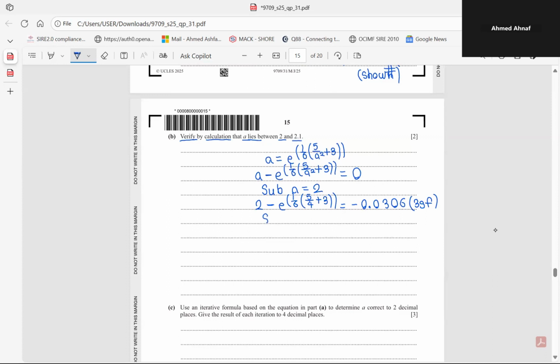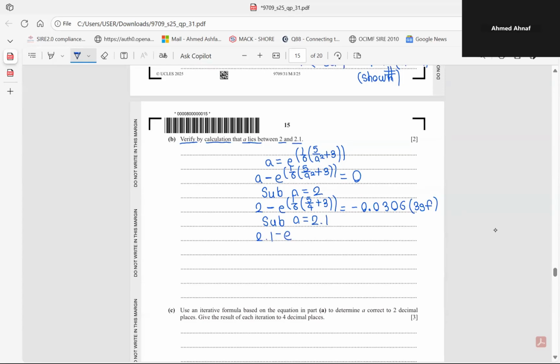Okay, and then substitute a equals 2.1. So we get 2.1 minus e to the power of 1 over 6 times 5 over 2.1 squared plus 3. Okay, we got a positive answer, 0.108 again to 3 SF. So as you can see, from 2 to 2.1, our sign changed from negative to positive.